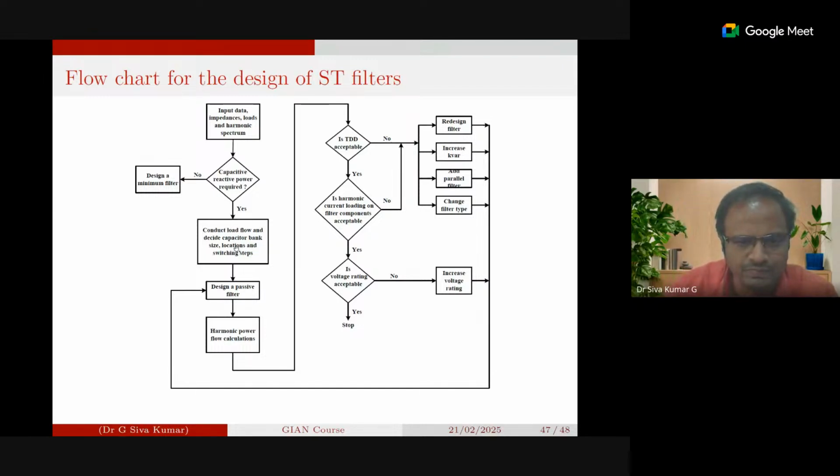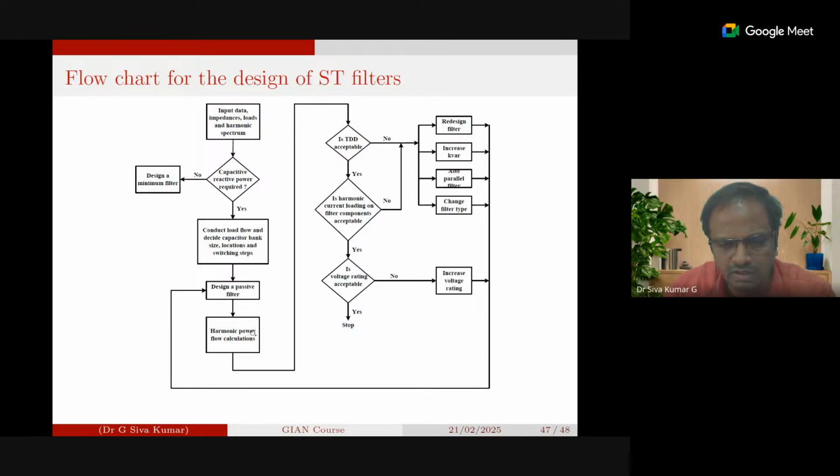Once you design the capacitor bank for power factor improvement, as in the case study just now, we need to go for a passive filter, equating the capacitive reactance to the inductive reactance.